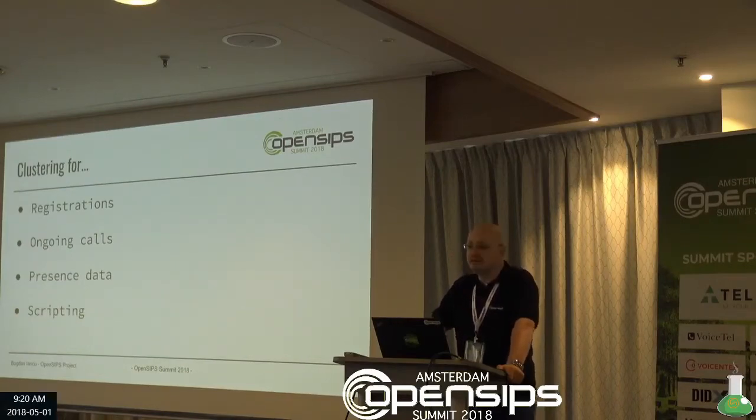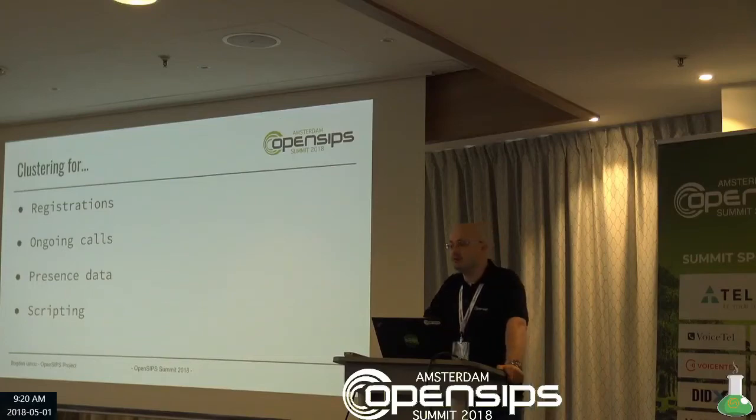And user location is more complex than simply sharing registration as a piece of data, because you have to take into consideration all the constraints coming from the user agent client side. You may have devices registering via, let's say, TCP, so you are bound to a specific connection. You may have devices registering through a NAT, so again you are bound to a certain IP to reach back the customer, the device, and so on.